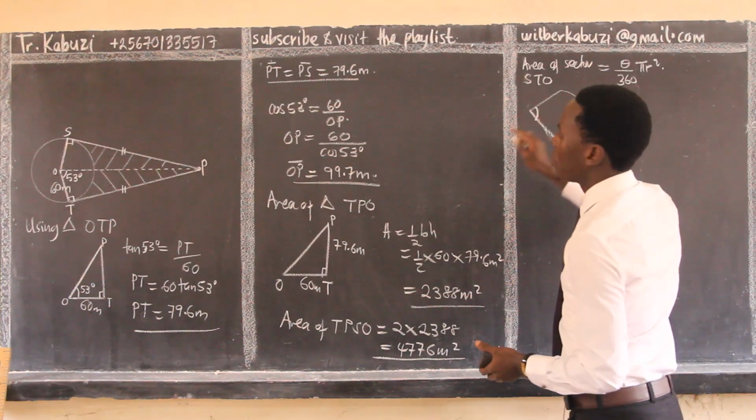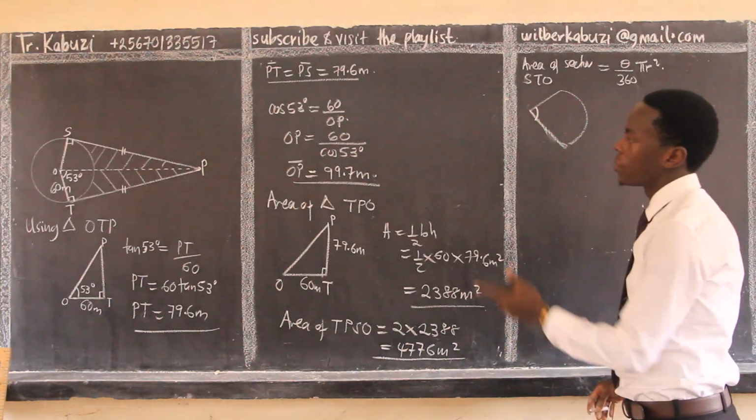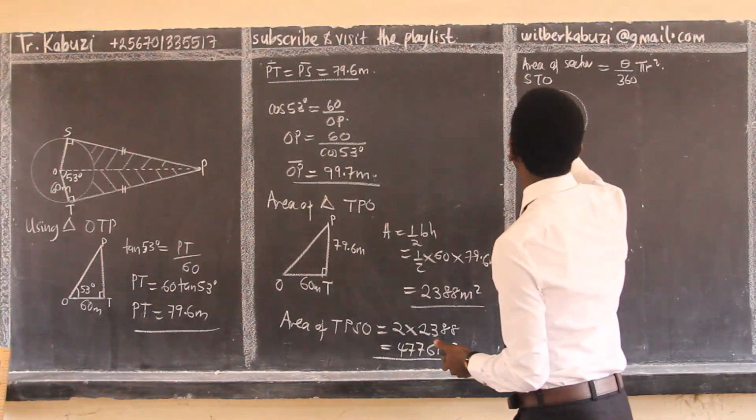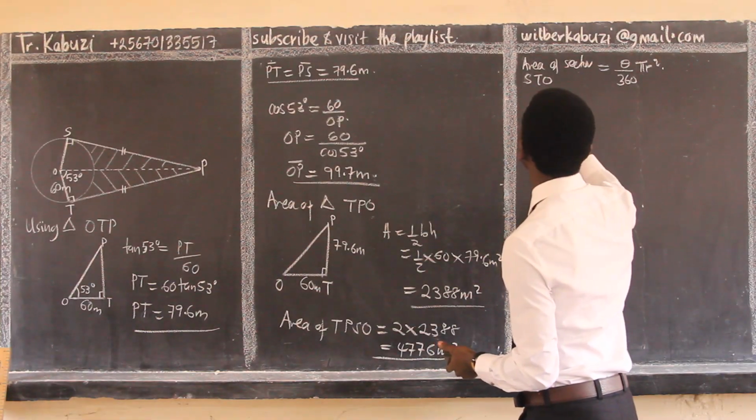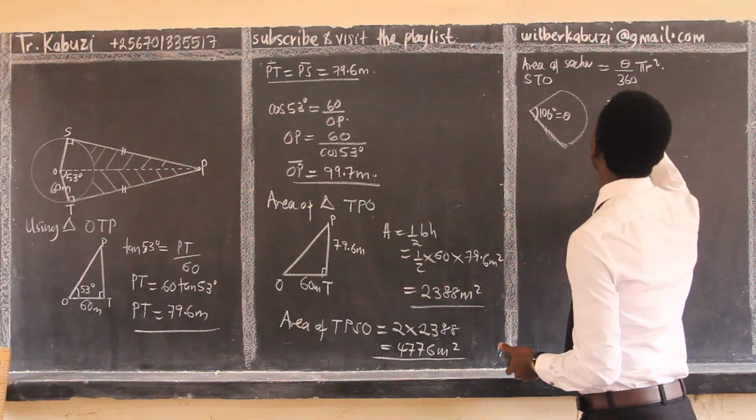This angle, you remember, you're going to multiply 53 by 2, so we add that and that to get 106 degrees. So this is our theta, which is 106.